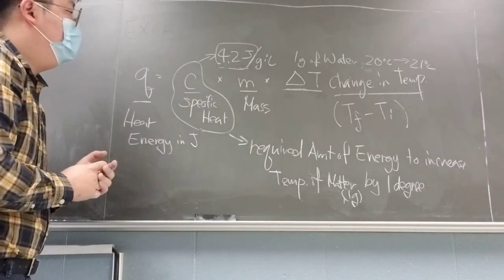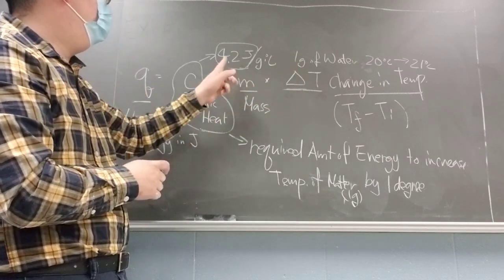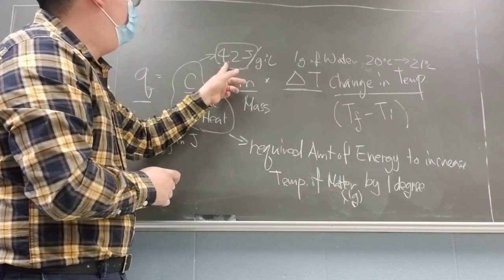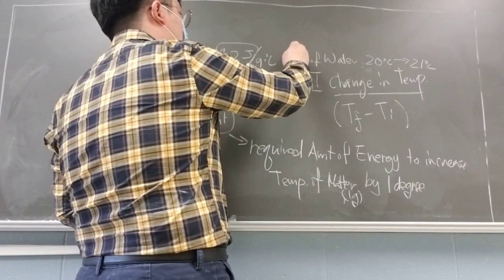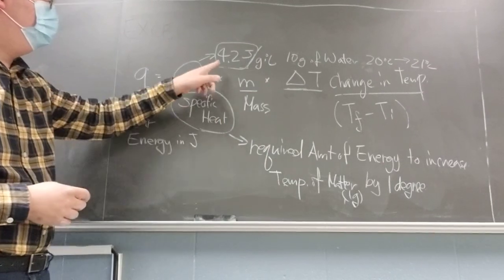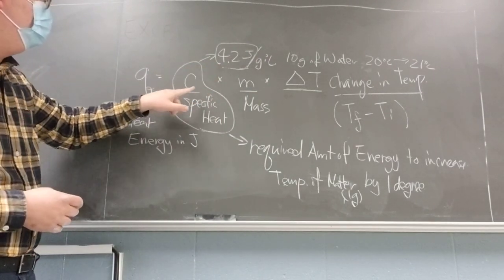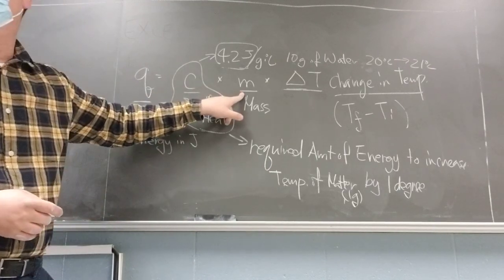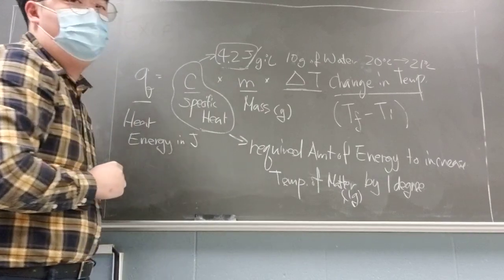So meaning, for example, if that is the number for 1 gram, what if we have 10 grams instead of 1? How much energy do you need? You have to multiply this number by 10. That's why we multiply this number by m, which is also in grams, the mass unit.